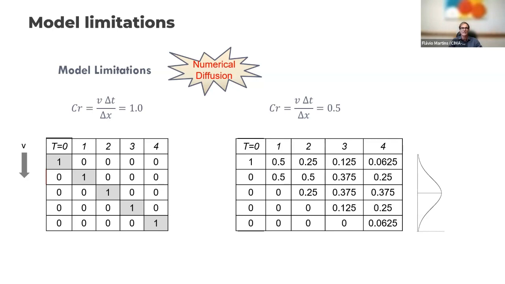So the thing is, is this a big problem in my simulations? Luckily, we don't have systems without diffusion. You see, we always have some natural diffusion. And usually the natural diffusion is higher than the numerical diffusion.